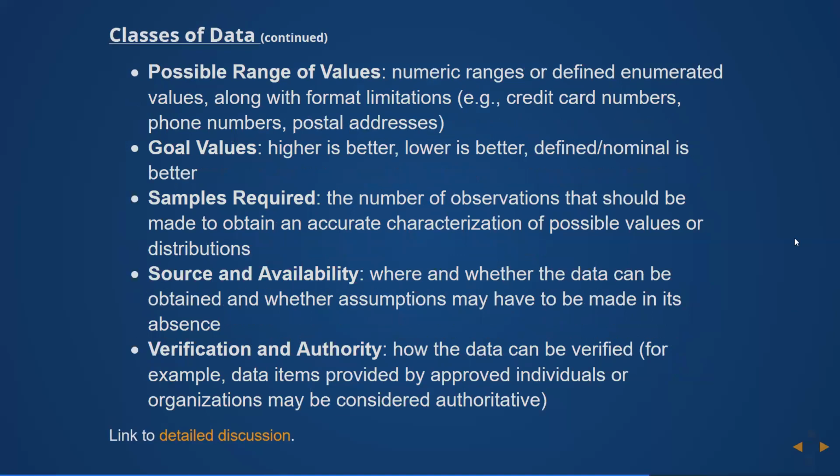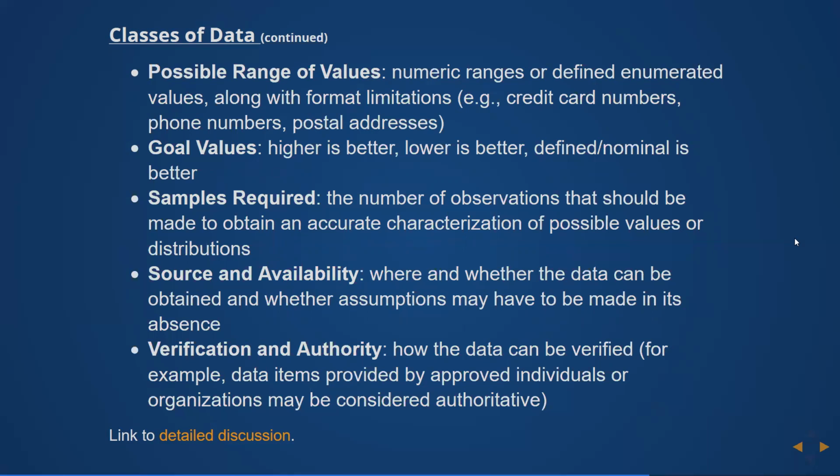The possible range of values is important, and the format is also important. So you need to make sure those things are addressed. Goal values: higher is better, lower is better, or nominal is better.